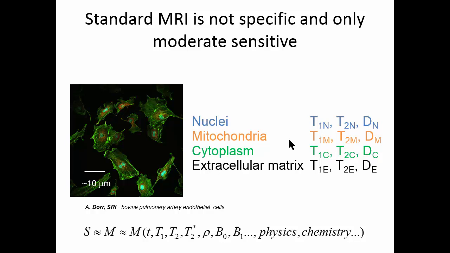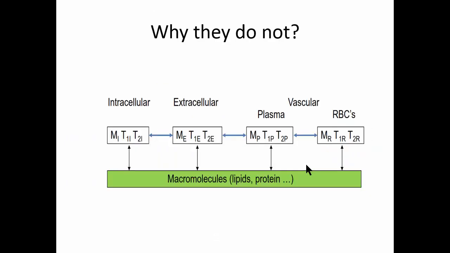And if things were ideal, while measuring the properties, let's say T1 relaxation of the tissues, we should see all those components here. We don't. And we don't because water is in constant movement. Water goes everywhere. Cell membranes and vascular walls are very, very permeable to water. So water jumps from intracellular to extracellular to plasma to RBC and back during the course of your experiment. This process is quite often quite fast.